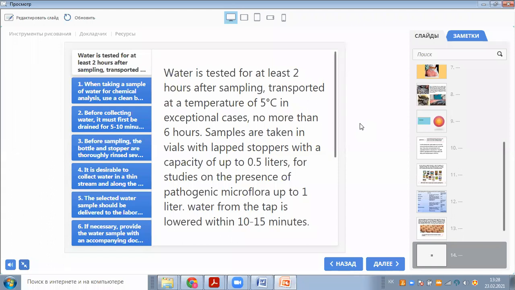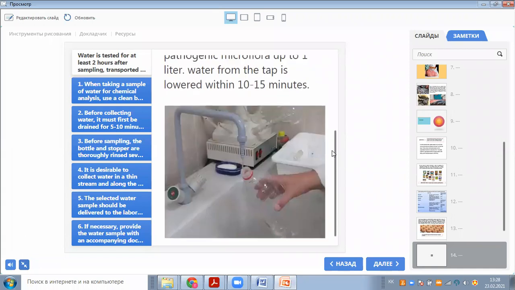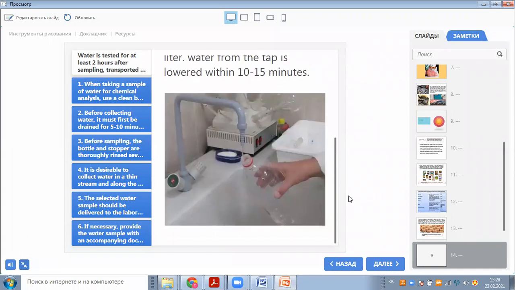The water from the tap is run for 10-15 minutes. And there are 6 rules which you can use when taking samples of water for analysis.